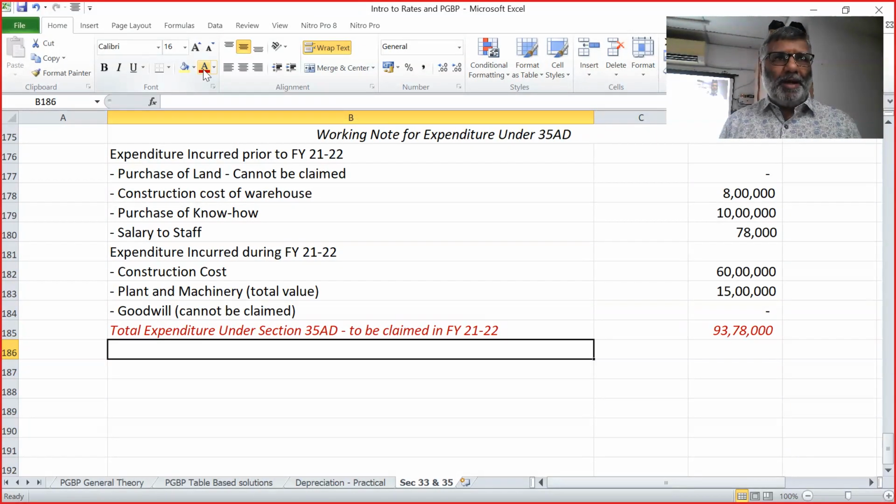Yeah, you can claim it up to 20%. If it is there, you can still claim it. No problem.